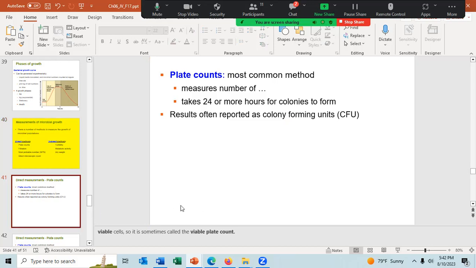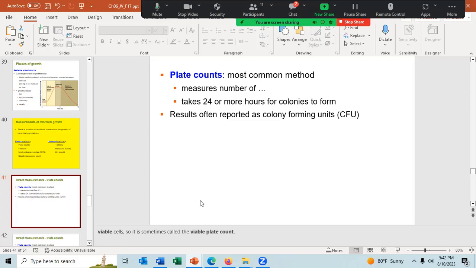In a viable plate count, also called the plate count, it's the most common method used in microbiology for measuring a population number of cells. It does measure the number of viable cells, and that's why it's sometimes called a viable plate count, because the only cells you're counting are viable cells, because a viable cell will go on to form a colony, and that's what we're counting, colonies.